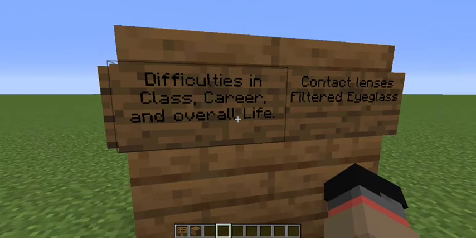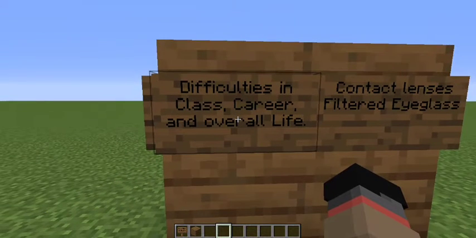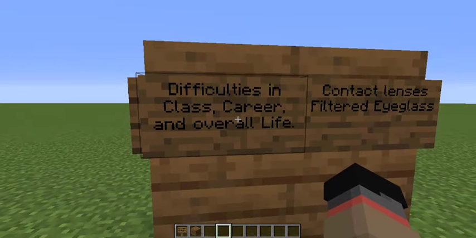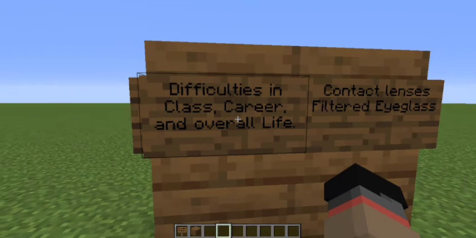Next, in career. A lot of careers, especially in the arts, are focused on colors, vibrant colors. So with that, patients with color blindness will have difficulties working at their jobs and careers.